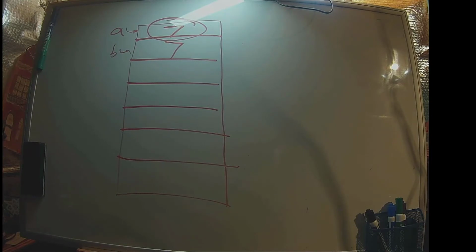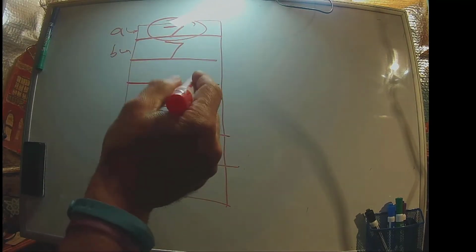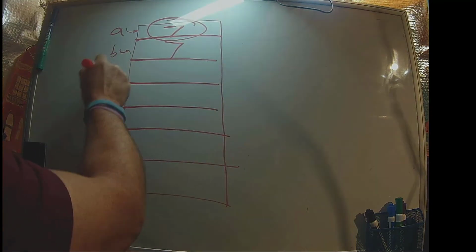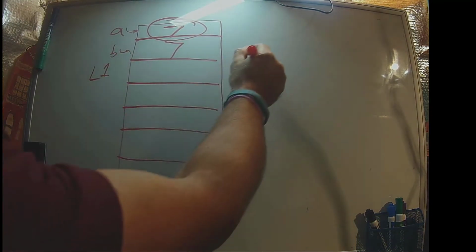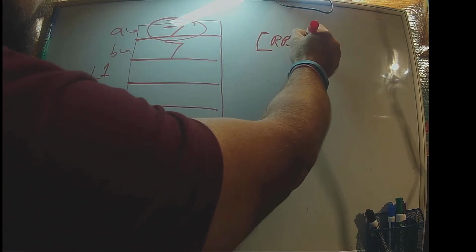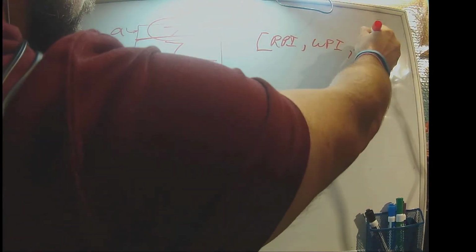And that works just fine for most of our variables, most of the values that we'll store. When we start getting into things like lists, where we're storing a lot of information, that starts to break down. When we say L1 equals a list of RPI, WPI, and MIT, and I should probably make these strings, something like that.